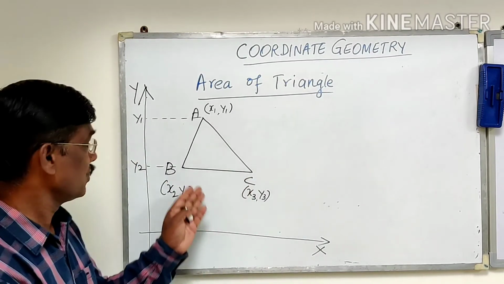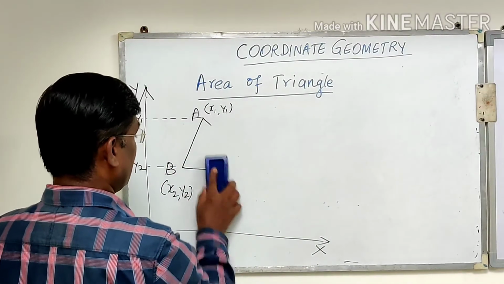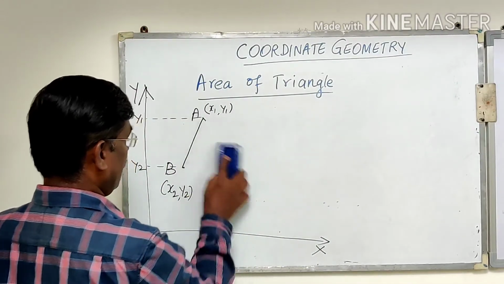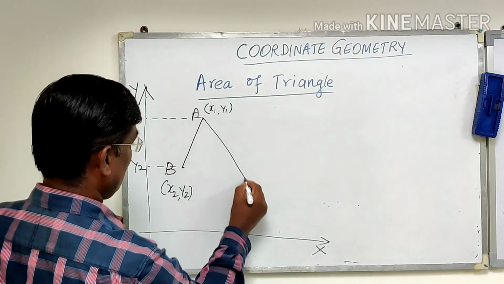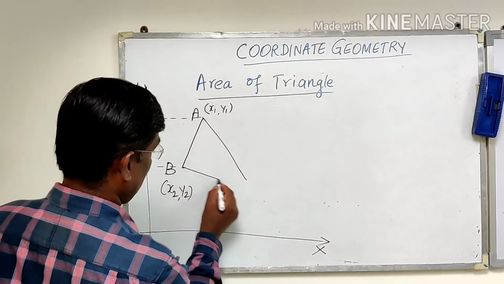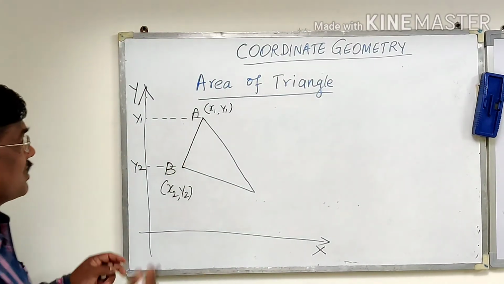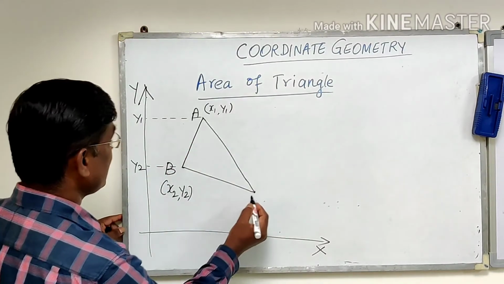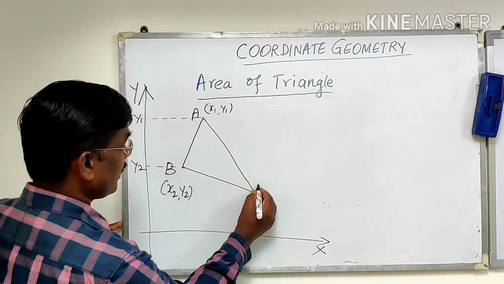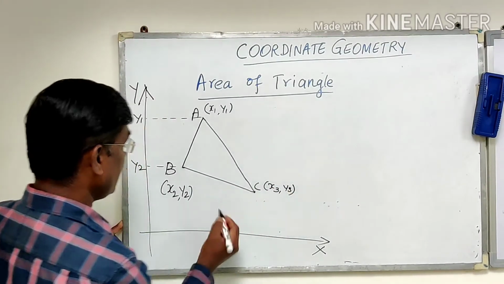It appears y2 and y3 are same, but I will draw this triangle just to distinguish between the various vertices, various coordinates A, B, and this is the x3, comma y3, right?